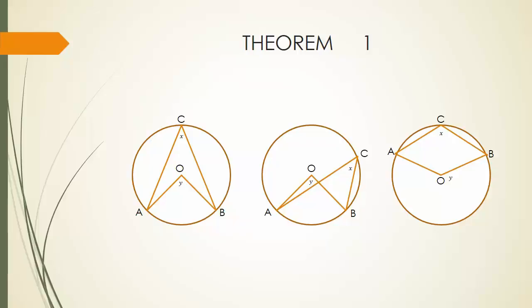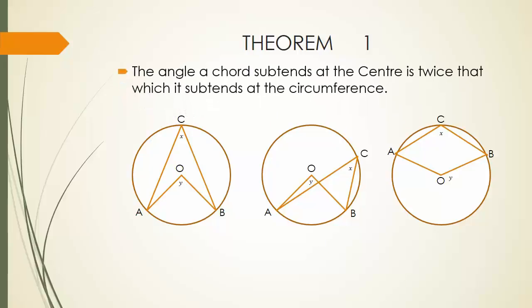Now with theorem 1, what does the theorem itself say? The angle a chord subtends at the center of the circle is twice that which it subtends at the circumference. So the 3 diagrams here depict 3 different cases in which theorem 1 can be experienced or shown, as you were taught earlier in your SHS.